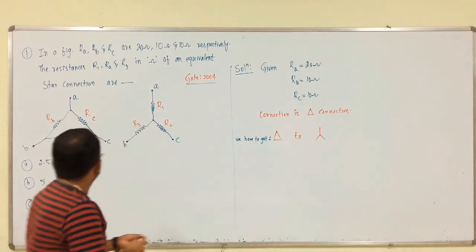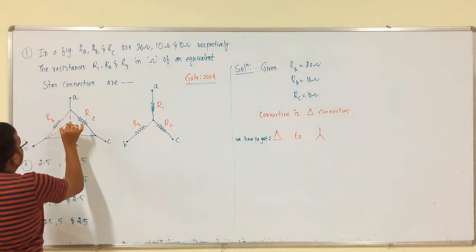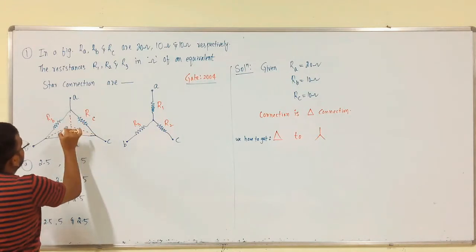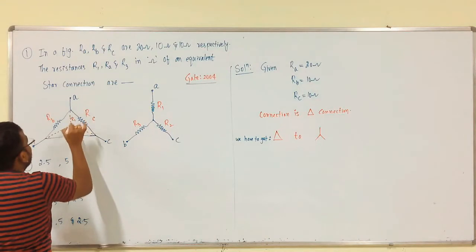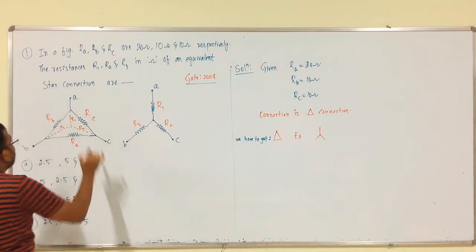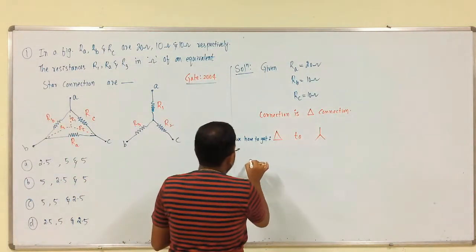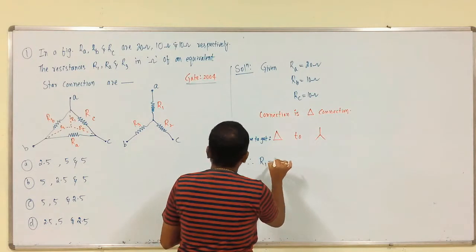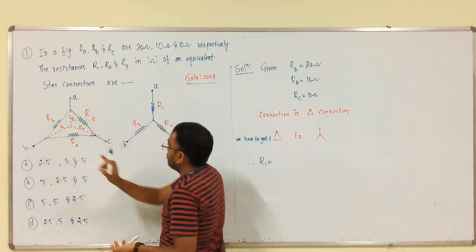Therefore, see, this is the given connection, we have to get this. So, this is R1, this is R2, this is R3, right. Therefore, what is the value of R1? R1 is present between RB and RC, right.